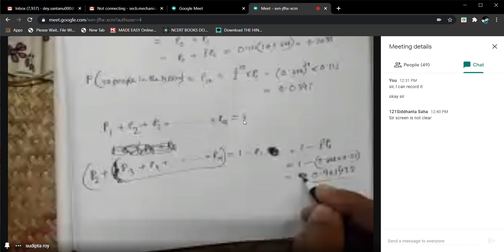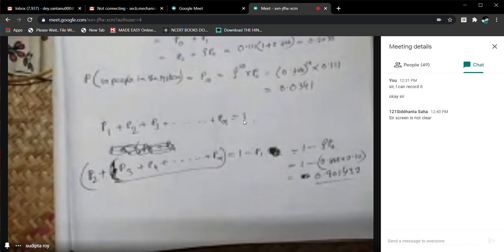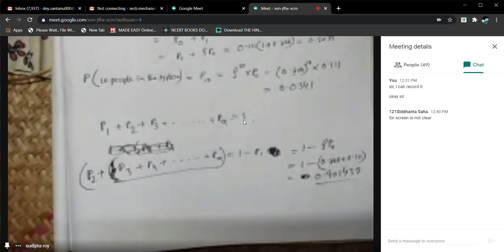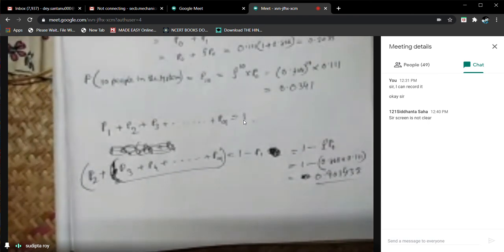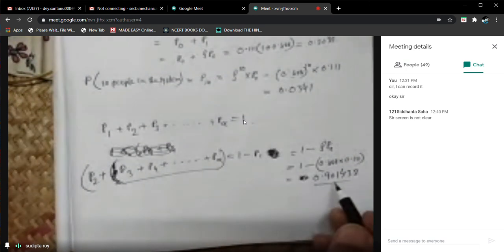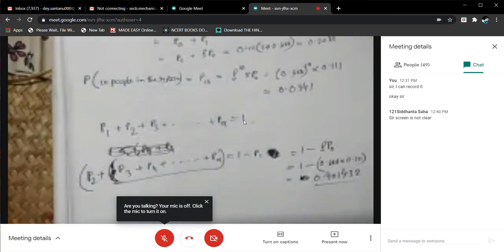Okay, got it. I am getting old, you know. I'm having difficulty with my phone. Every time I sit with my calculator, it is much easier to operate. So 0.901432 is the probability that there are 2 or more people in the system.